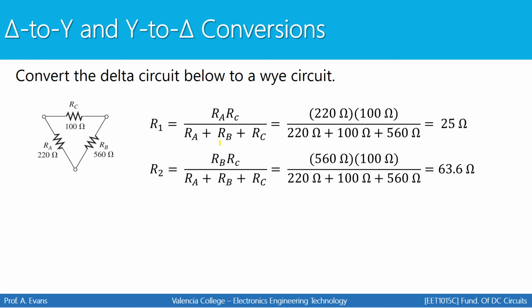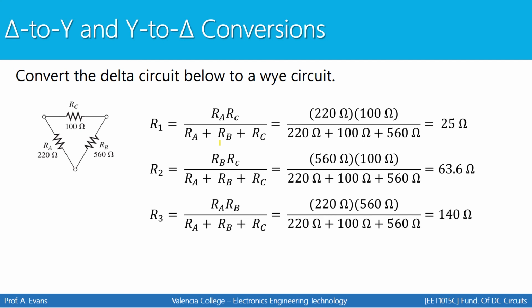Here's the formula for R2, plugging in the values again for resistors A, B, and C. And finally, here is the value for R3.